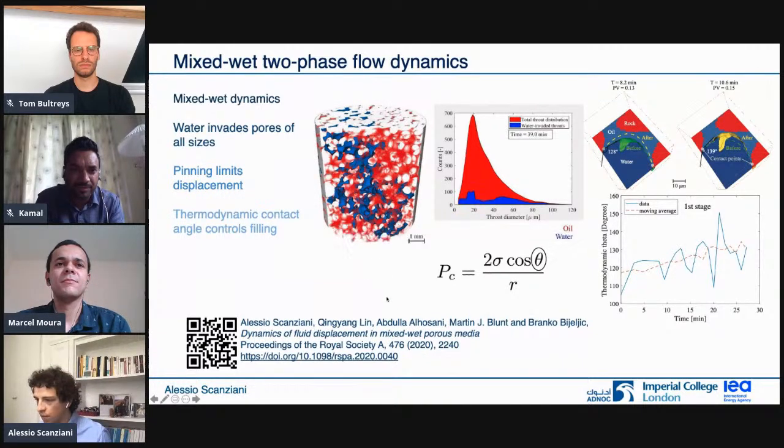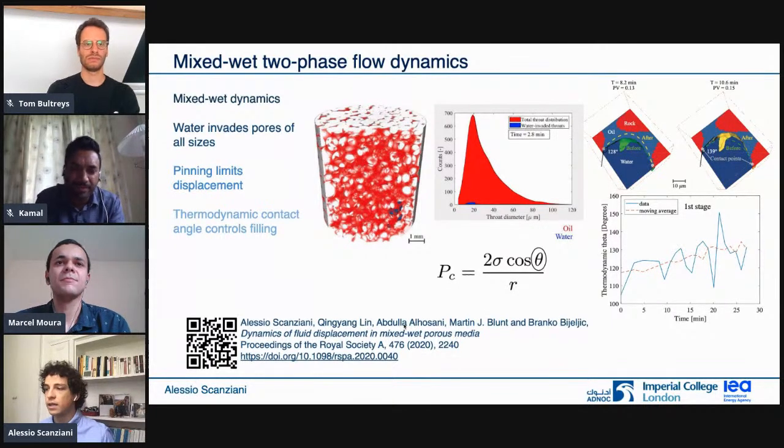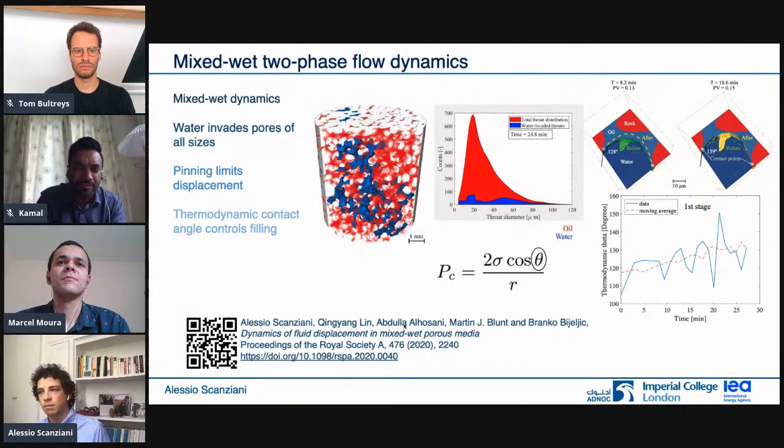It's Abdullah Al-Ozani, and he has done some experiments using supercritical CO2, as asked in the question, and he is studying the consequences of near-miscible conditions. He observed some similar results, but also sometimes something different.